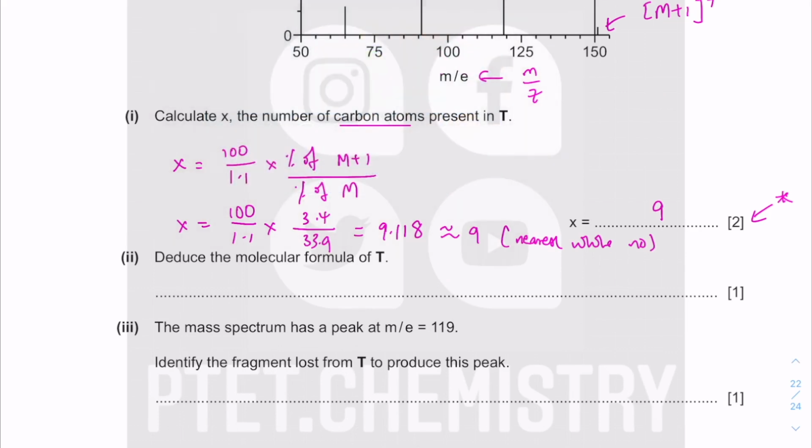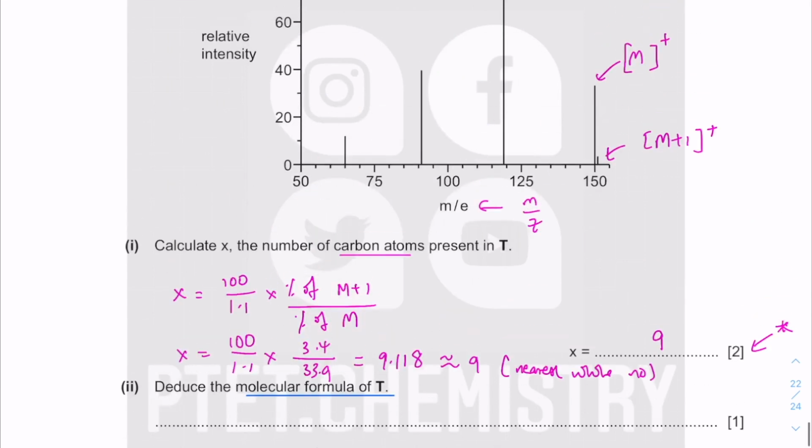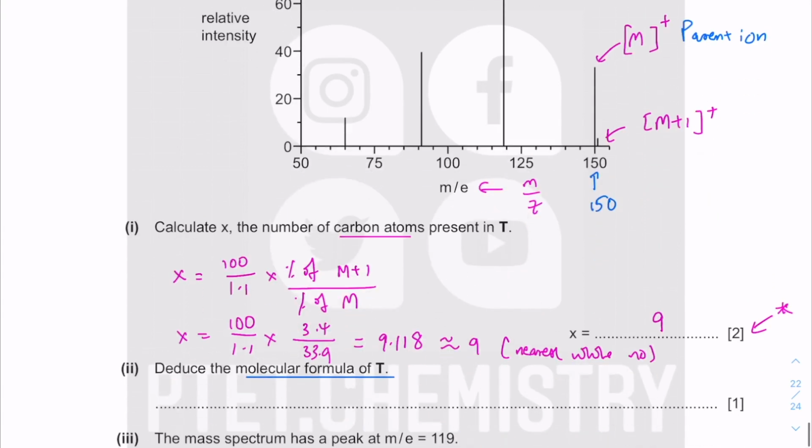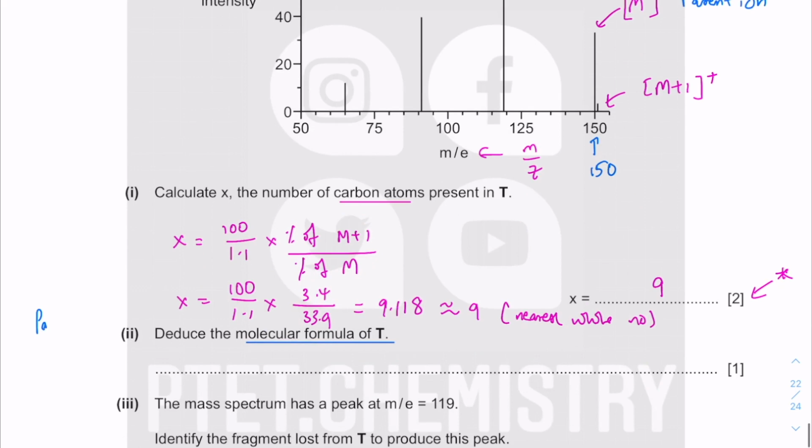Next bit, deduce the molecular formula of T. The parent ion, as it's called, is exactly 150. The m over z is 150.